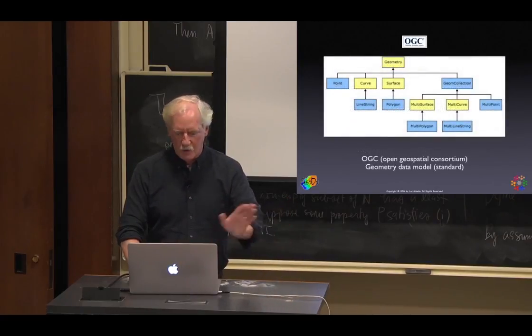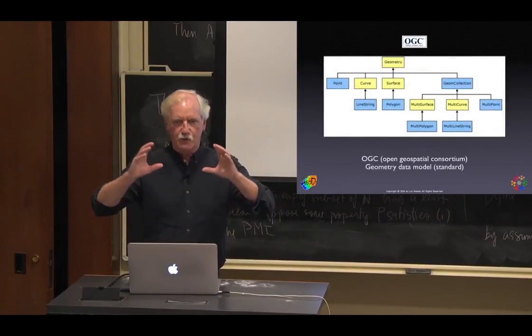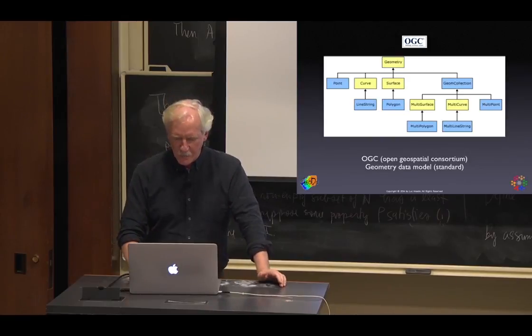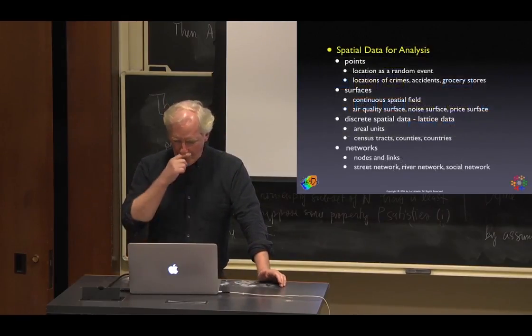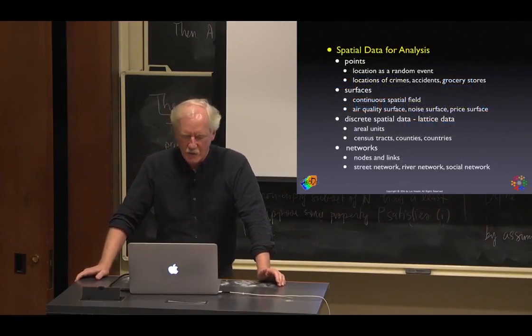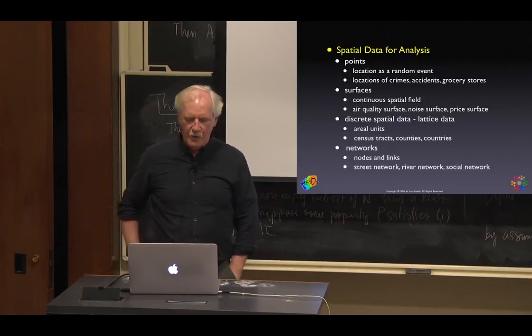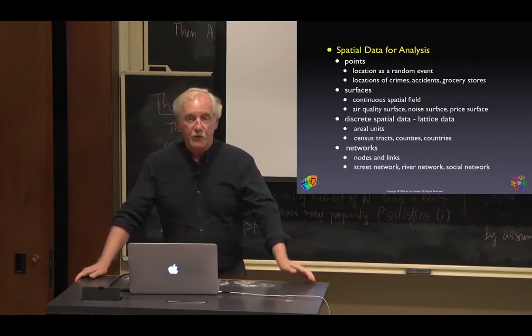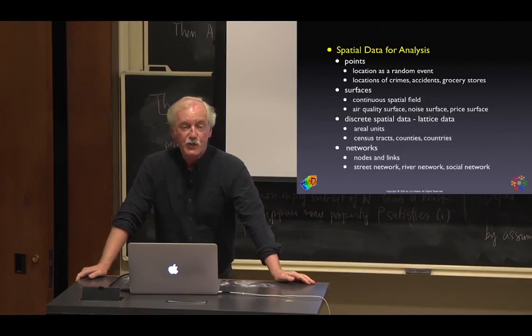I won't dwell on this, but there are these kinds of data structures, data models that say how these things all work together. But let's think about this in terms of analysis. Points: the location can be a random event. So crimes, accidents, locations of grocery stores, think of them as random events.